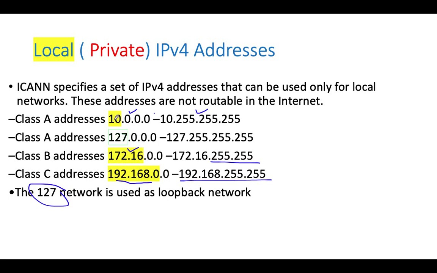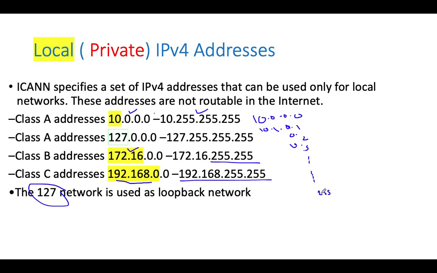If you want to understand how, for example, 10.0.0.0 becomes like that, take 10.0.0.0. What you do exactly, I'm going to take the first one, 10.0.0.1, 0.2, 0.3, 0.4, until this one reaches 255.